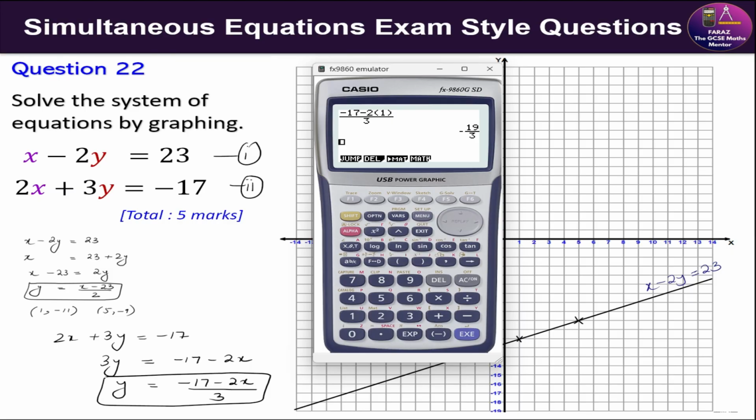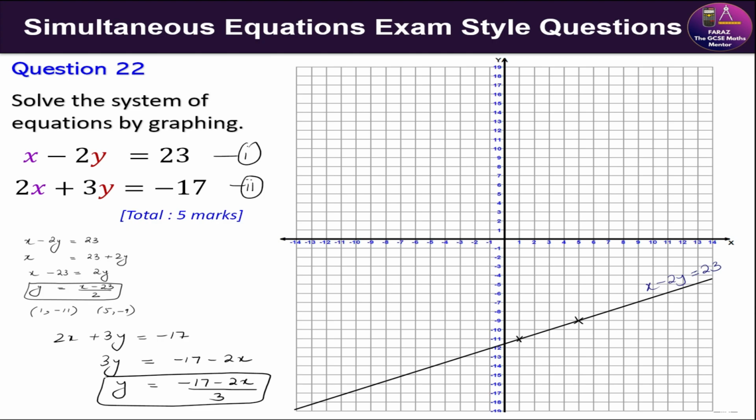To plot a coordinate, we prefer values that give answers in integers. So let's do it again: negative 17 minus 2, and then let's take 2, over 3. It's giving me negative 7. So at x equals 2, y is negative 7.